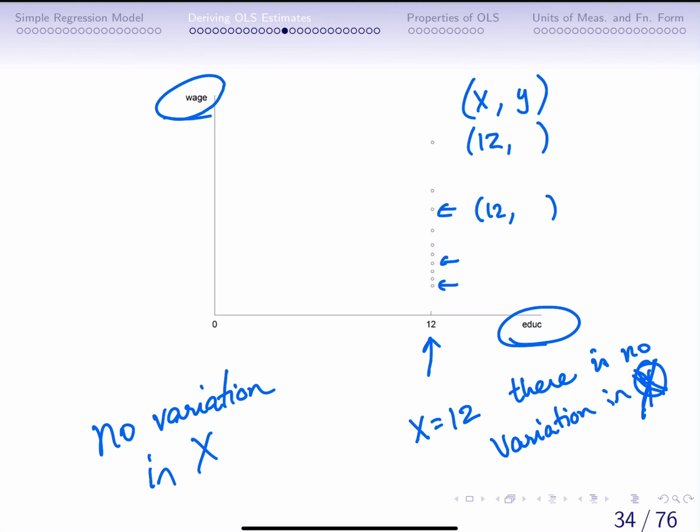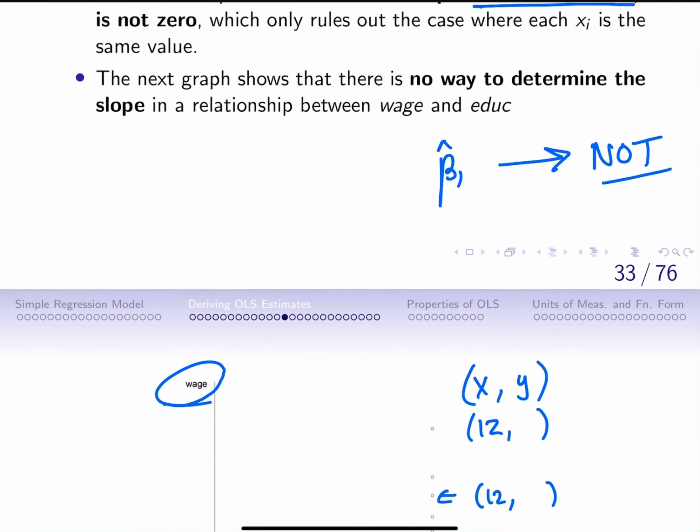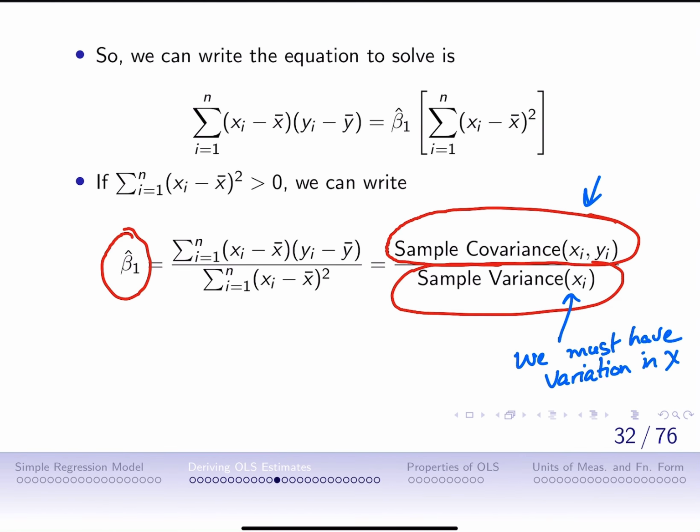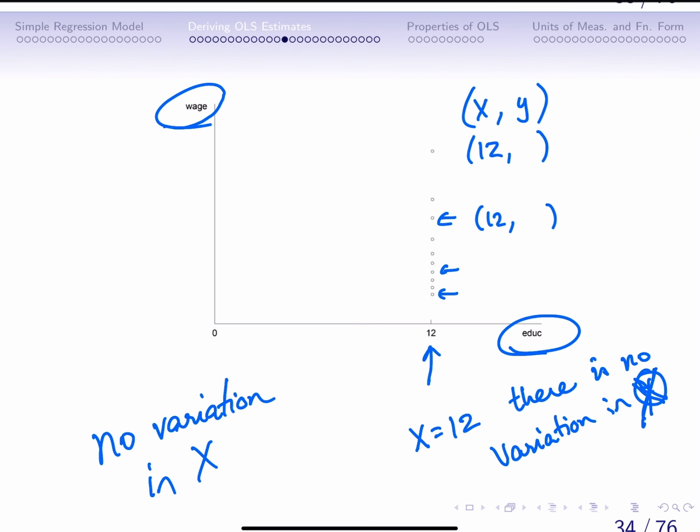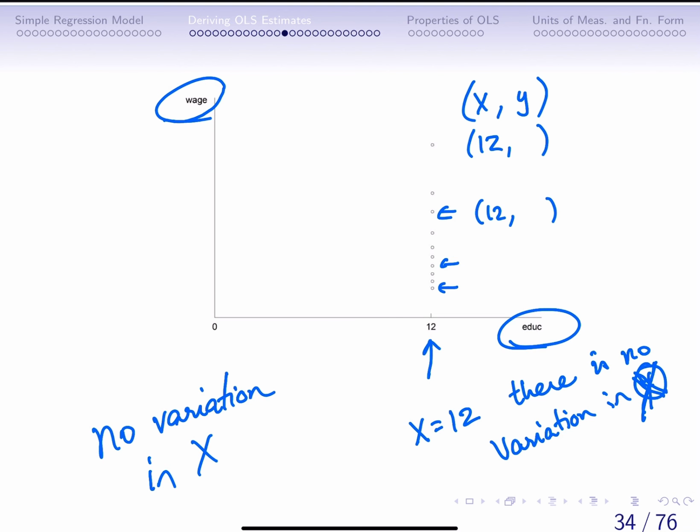And so this makes the estimation of beta 1 hat infeasible. Remember the formula: we needed some variation in x in our denominator. If x is constant, then the variation is 0. And if you have 0 in the denominator, then this is undefined, and that's why you can't calculate it. So it's always good to graph your data because you want to make sure that you're trying to capture something.